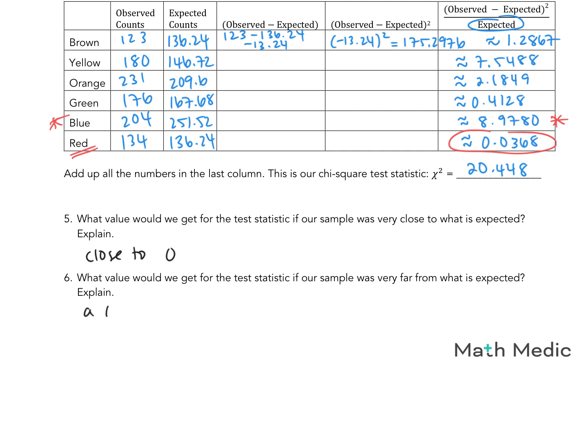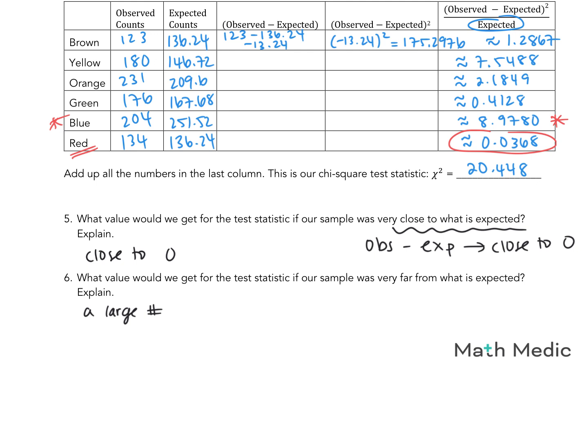It would be a large number. For number 5, if our sample was very close to what we expected, then the observed subtract the expected would be close to 0. Hence, when we summed them up, our sum would also be close to 0.